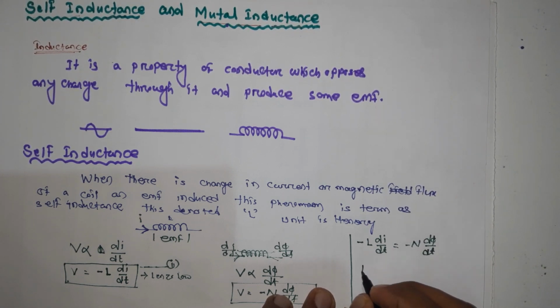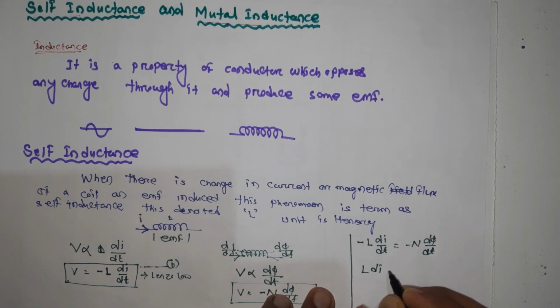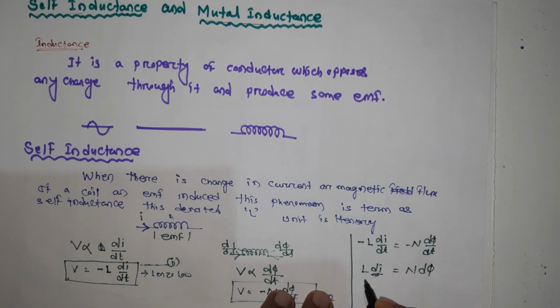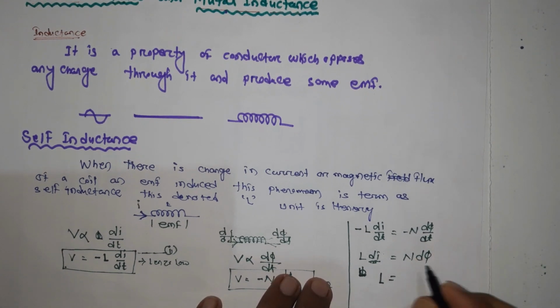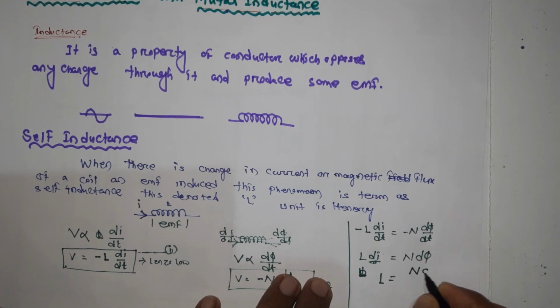You can write L di equal to n d phi. So we can directly find L, or self-inductance, equal to n phi by I. Here n phi is the flux linkage.